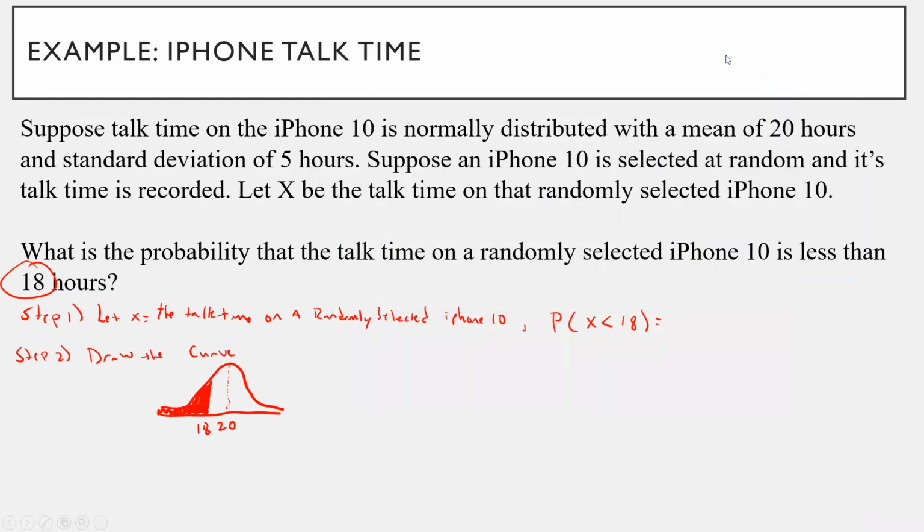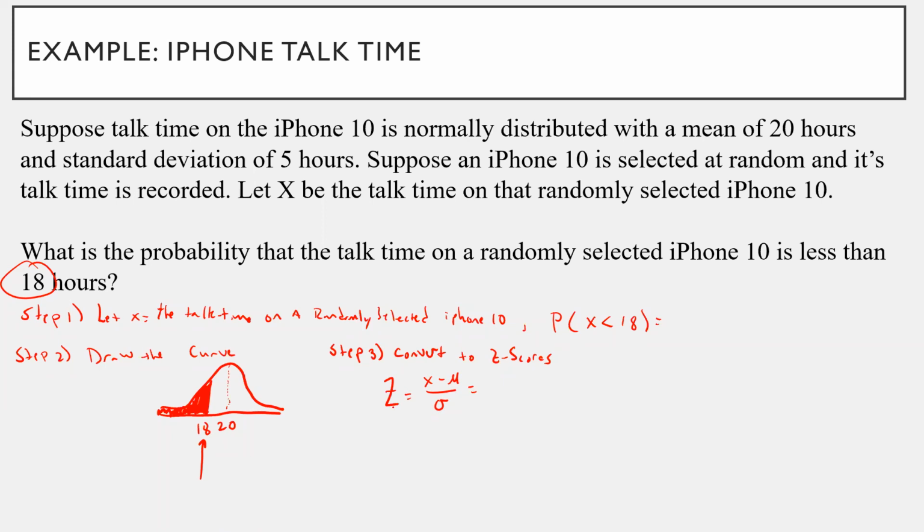Okay. So step 3, convert to z-scores. Now, the only thing you have to convert to a z-score is 18, okay? The z-score of the number 20 is going to always be 0, okay? So we need to do 18. So it's x minus the mean divided by the standard deviation.